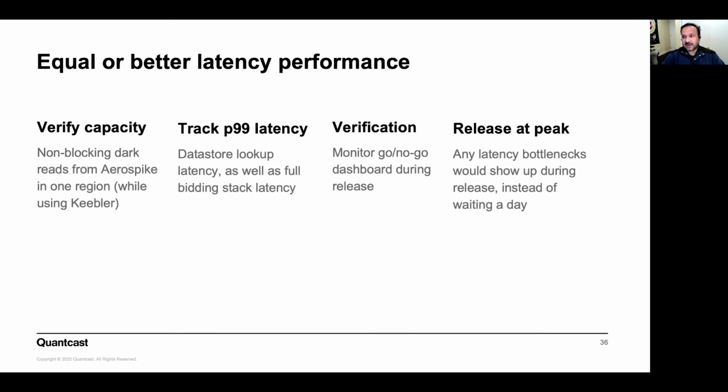One lesson that we learned after the first few times was to always release a new change at peak traffic time. The idea behind this was that we wanted to know any latency bottlenecks as soon as possible. Releasing at peak made sure that we did not have to wait a full 24-hour cycle to find out about any bottlenecks caused by a release.